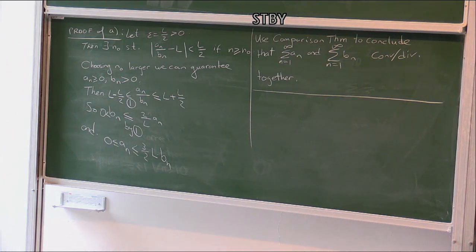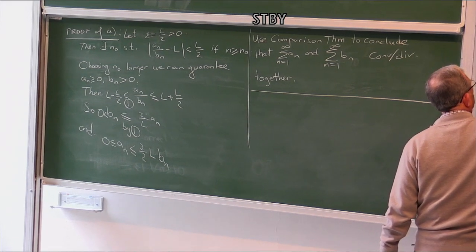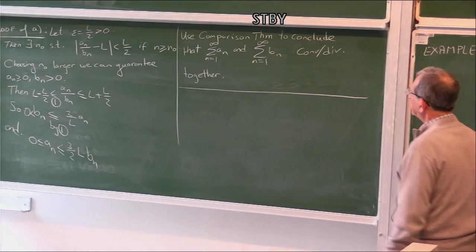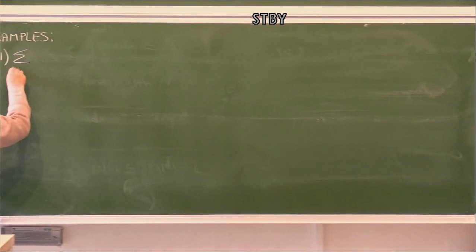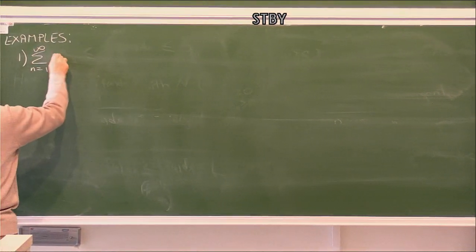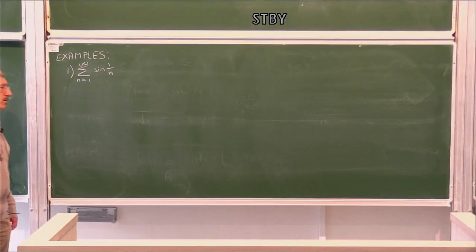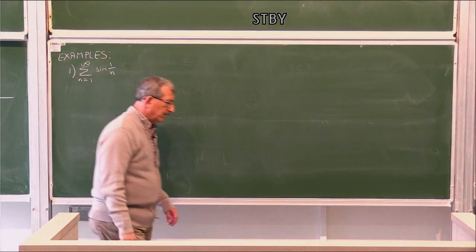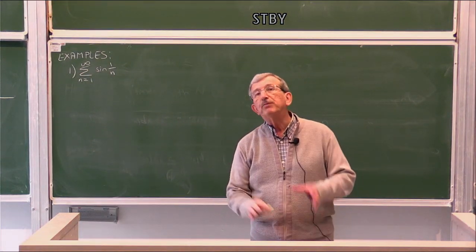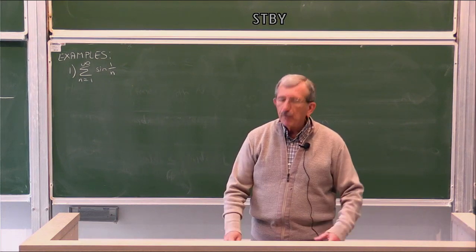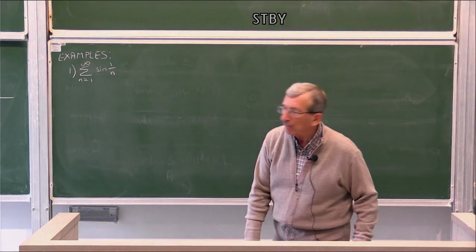Well, let us see some examples here. Well, the first example is what about sine 1 over n? Well, the task is always to find a good, simpler series whose convergence or divergence we know, and to compare it with sine 1 over n.